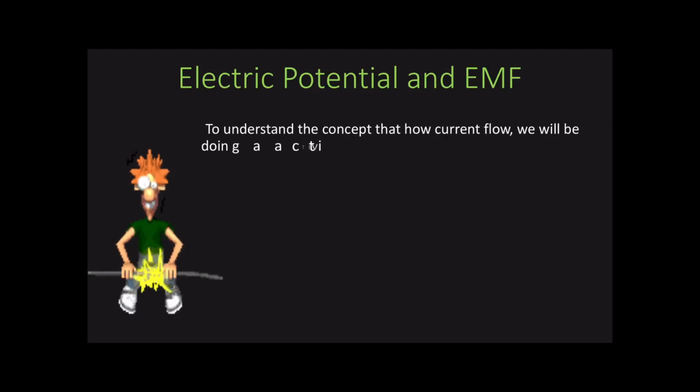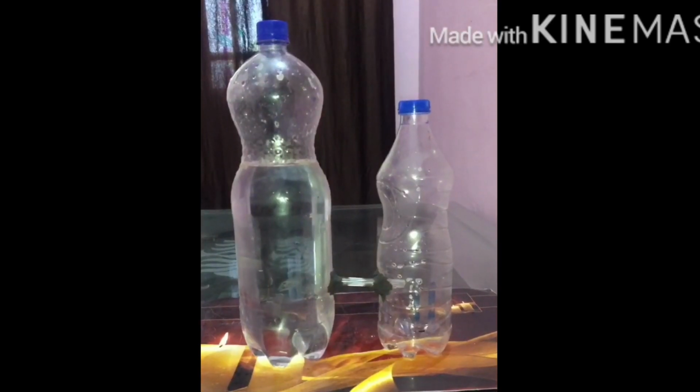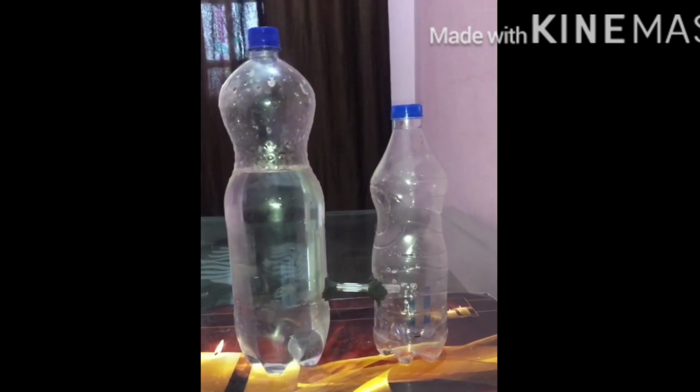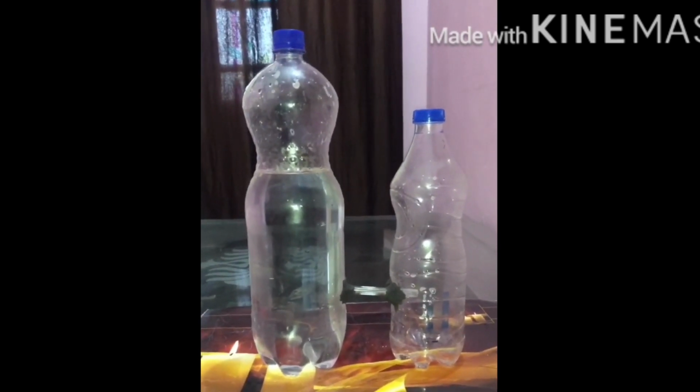To start with this topic, we will be doing an activity in which we will have two connected bottles, and we will understand how the water flows from one point to another point. So here is the activity. By this activity, we will be understanding the concept of electric potential.